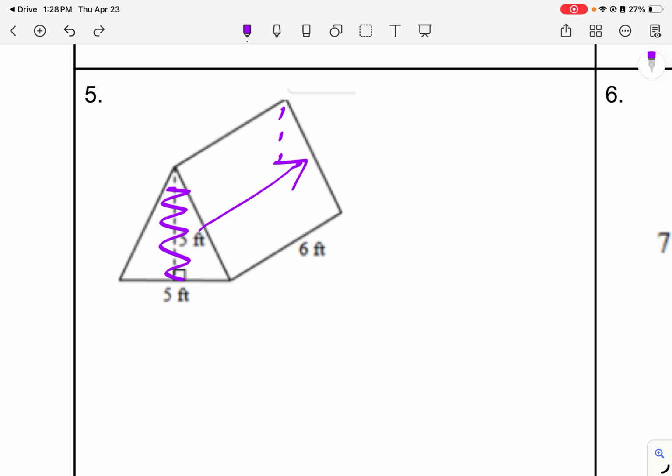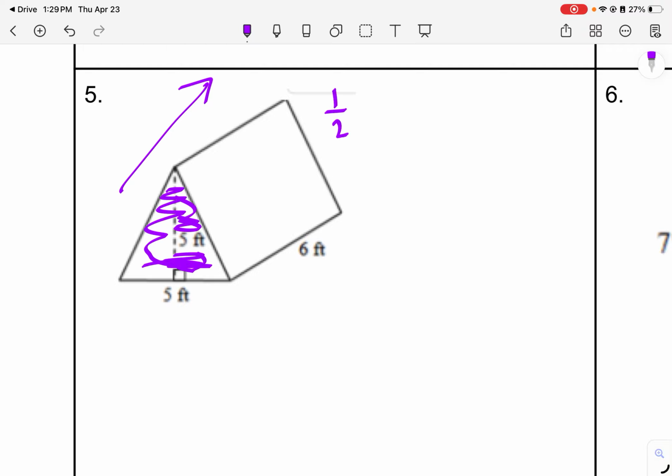So my stacking is from front to back now. So that's different. It stacks like this instead of up and down. So we're still going to do area of base times the number of layers. So for us, our base is a triangle. So the area of a triangle is 1/2 base times height, and then times the number of layers is what we're putting in.